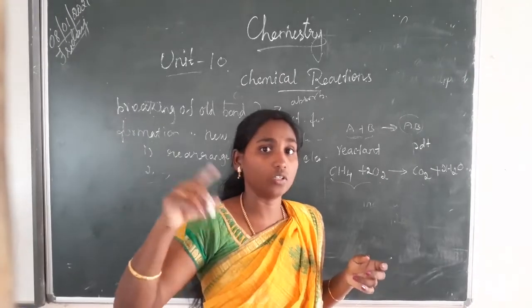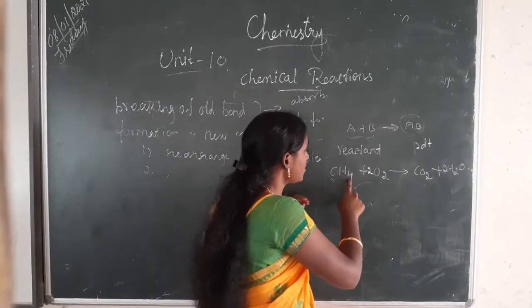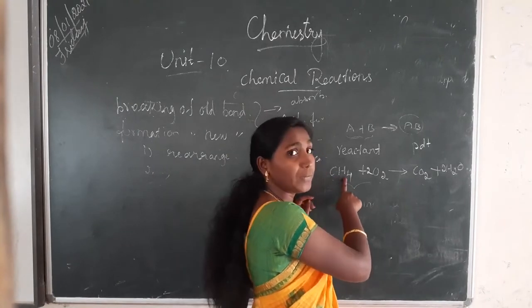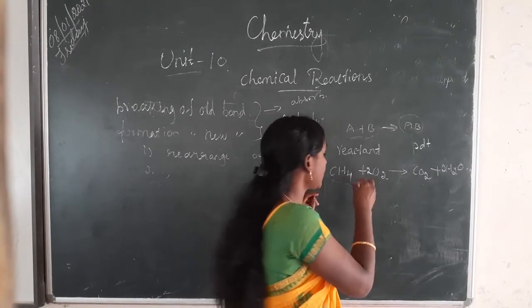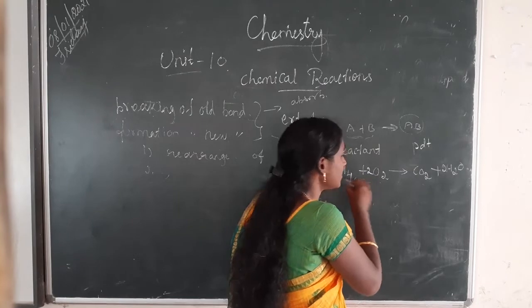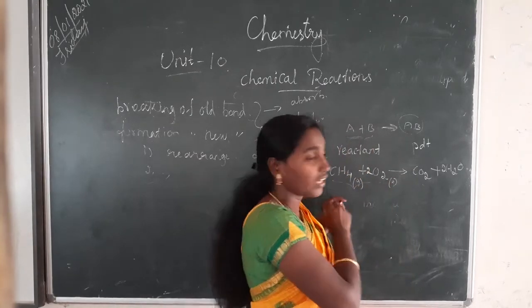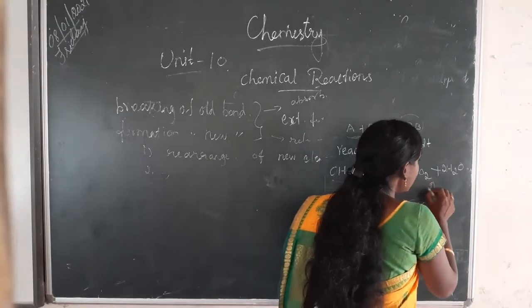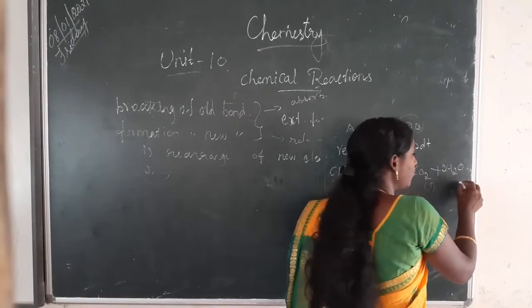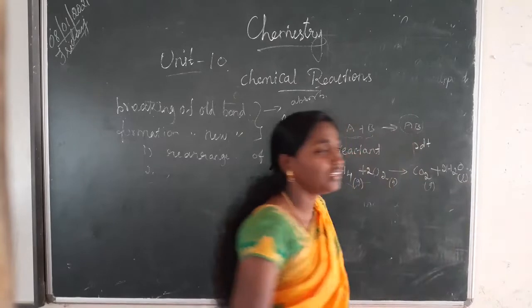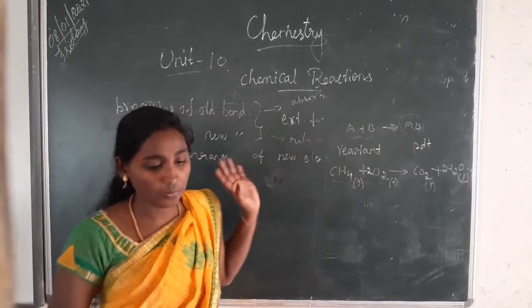Liquid means liquid. Gas means gas. Since this CH4 methane is a gas, we can write g. This oxygen is also a gas, g. This one is also a gas, and water is a liquid, so we can mention it here.